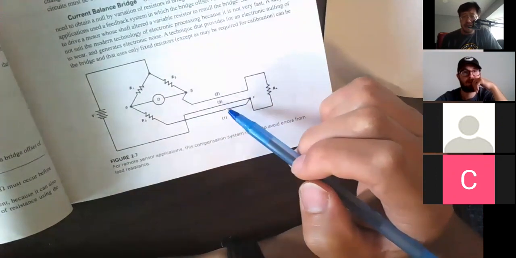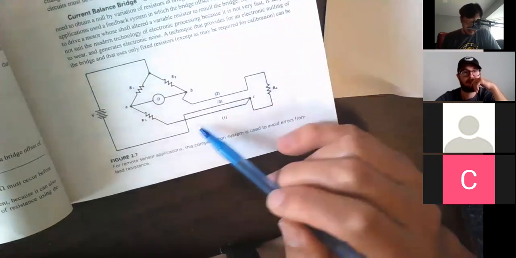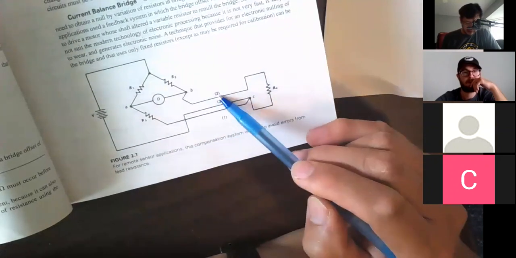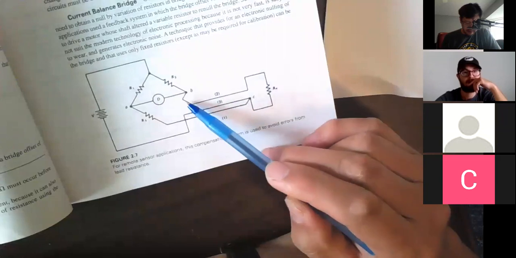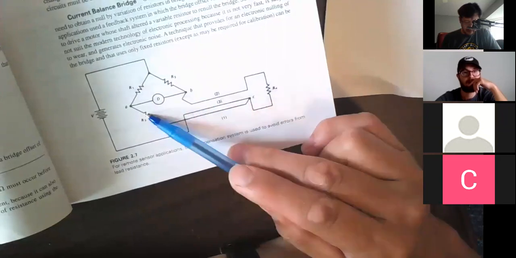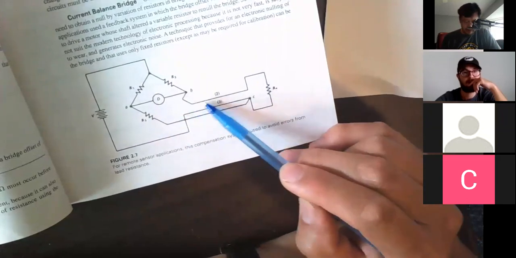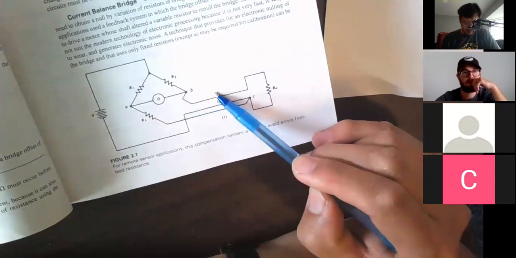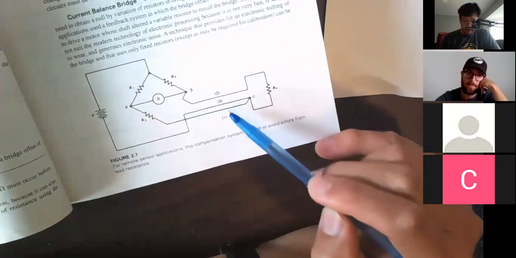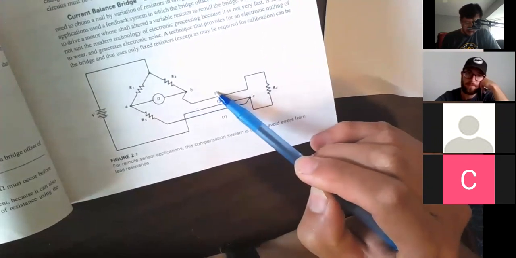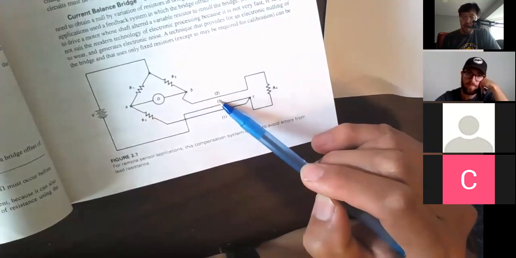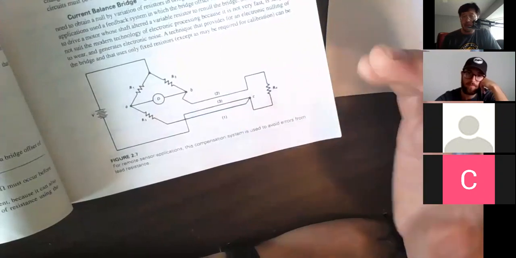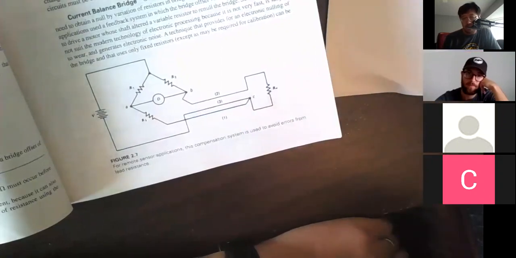Why doesn't this resistance matter? Because first, these 2 wires, the resistance is on both sides of the bridge. There are 3 wires. The resistance of wire number 2 and the resistance of wire number 3 is identical because we're using the same gauge of wires.